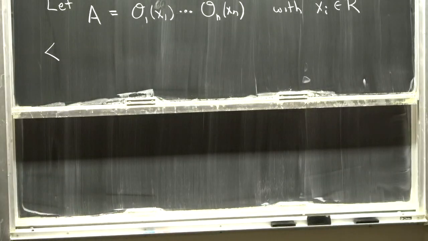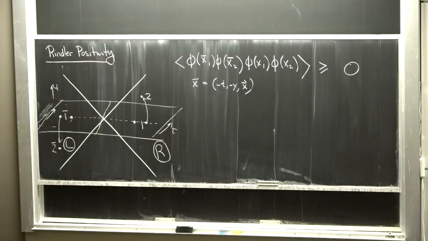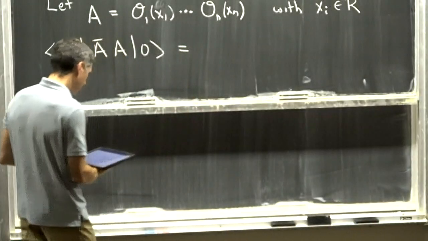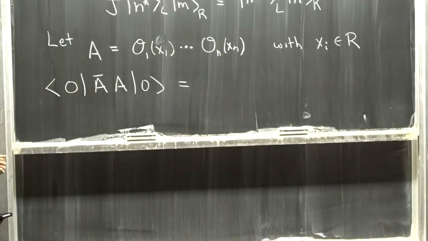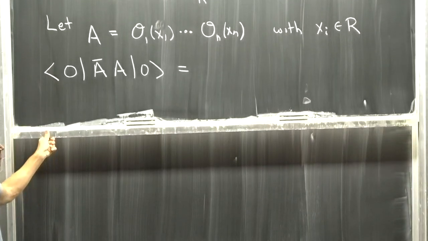Then this positivity condition that we're after is A bar A being positive. So I'm going to now calculate A bar A. And I'm going to do this calculation by rewriting it in Rindler language.